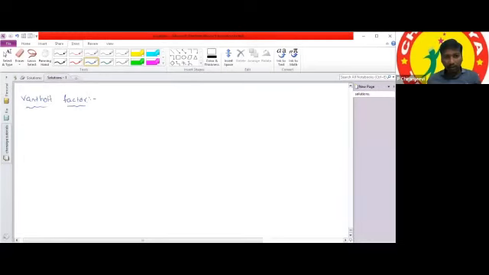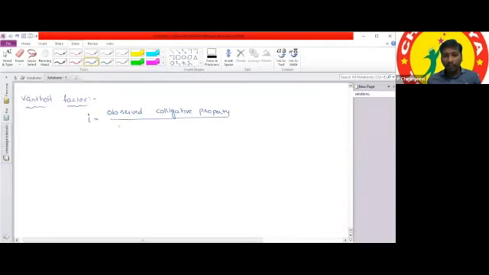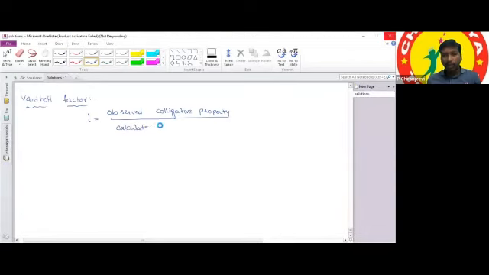Actually, the Van 't Hoff factor is represented with I, and we can define it as the observed colligative property by the calculated colligative property.